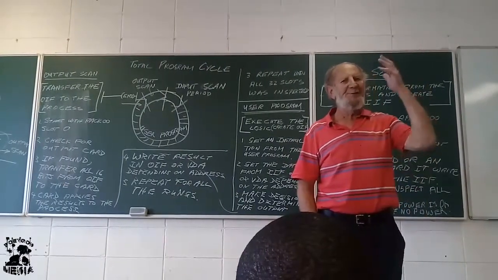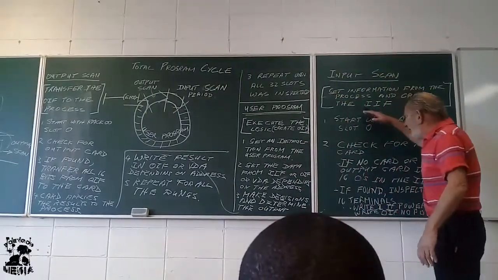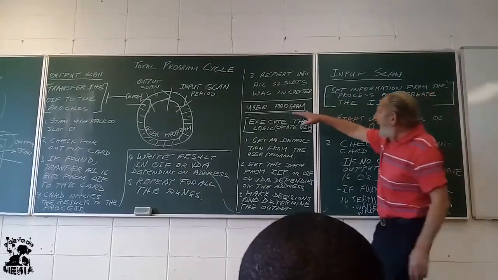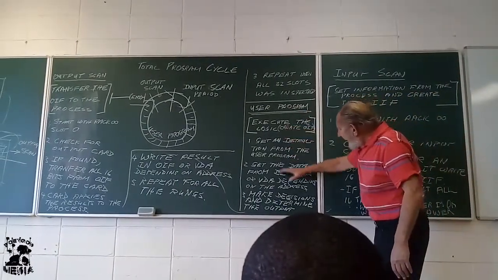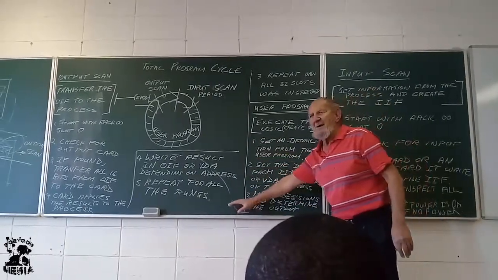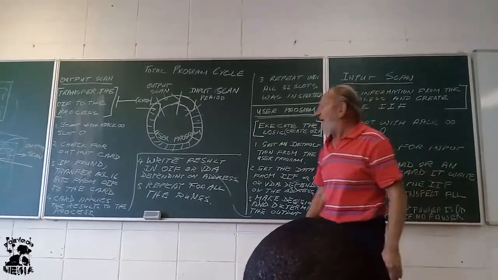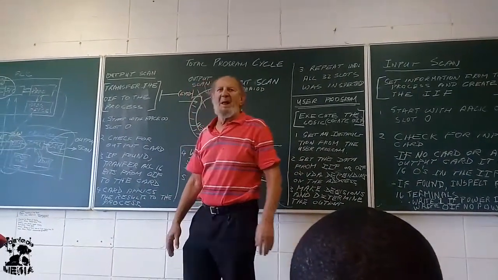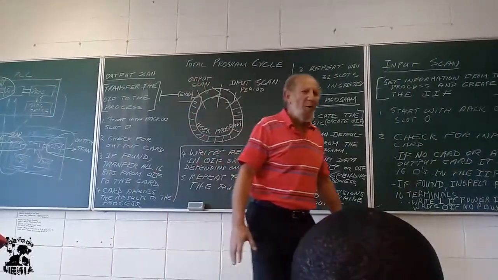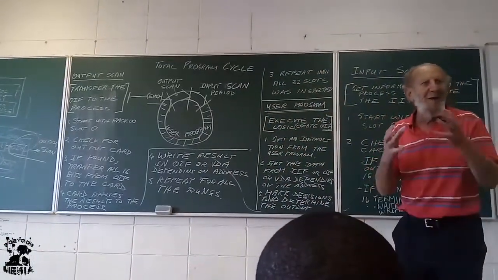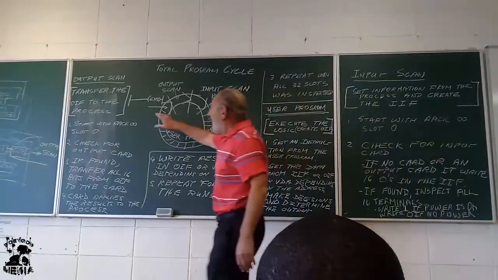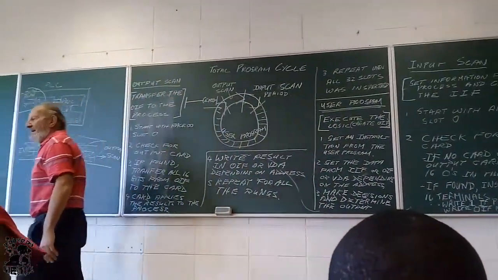So if I ask for a full explanation of the input scan, I want this. A full explanation of the user program section. A full explanation of the output scan. Or a brief explanation of each one. Just that. Okay.